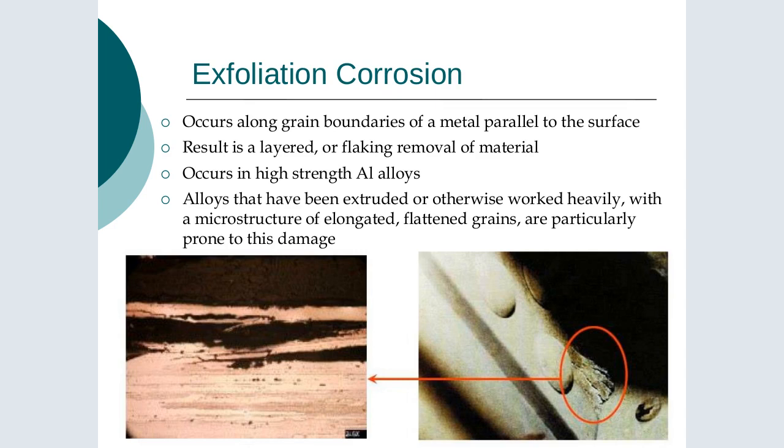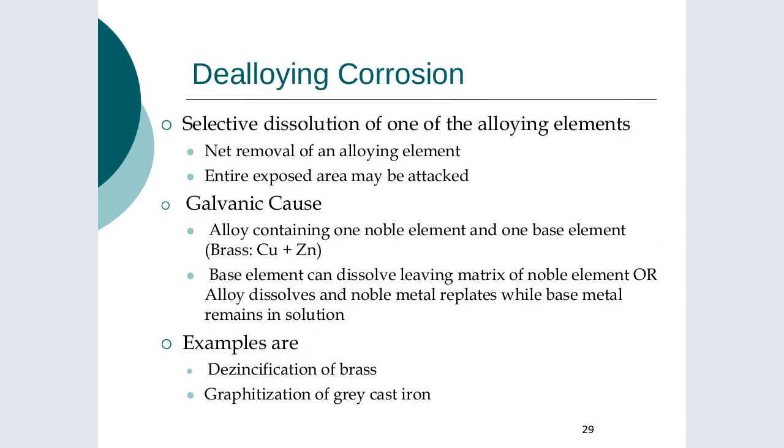Exfoliation is tied to aluminium. And again, you see that kind of flaky material. Dealloying is another insidious one. Again, you've chosen the alloy for its properties, and what's happening here is that you've got selective dissolution of it. So essentially one of the alloy components is being stripped out, and you're losing all of that.